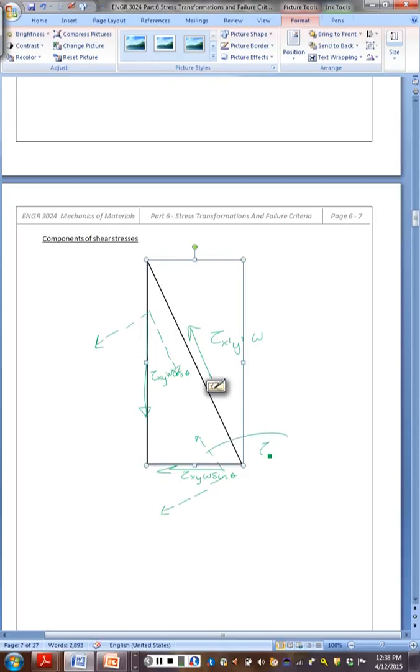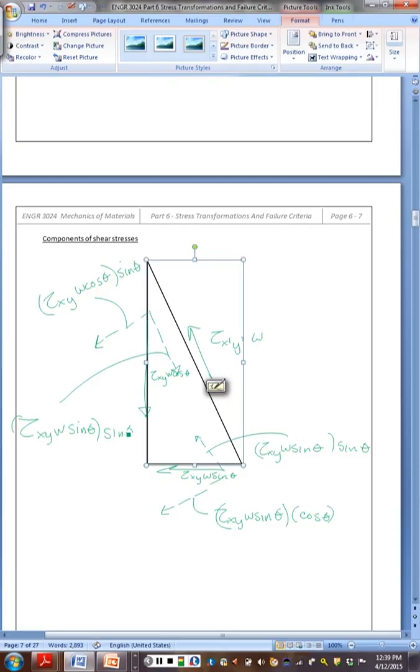Starting here, tau xy W sine theta times sine theta, and tau xy W sine theta times cos theta, tau xy W cos theta times sine theta for this side, and tau xy W sine theta times sine theta for this component.